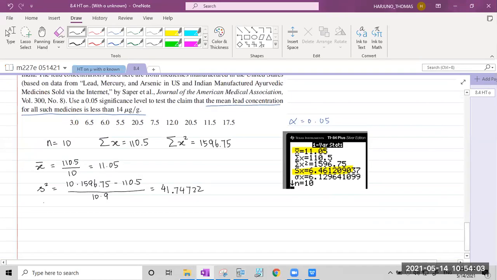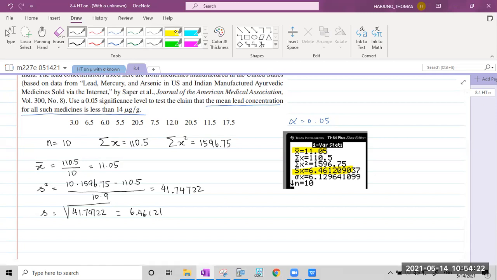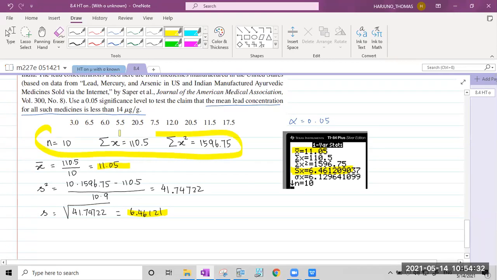So my sample standard deviation will be the square root of this number, which is 6.46121, a match to my calculator result. So you can at least use your calculator to get this, and even though I may need you to show me the work, you still have something to confirm it.